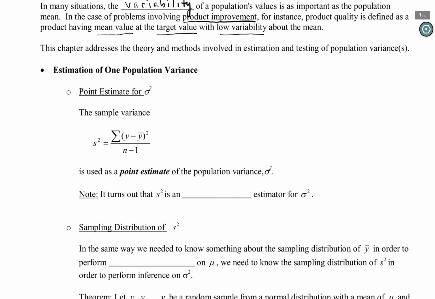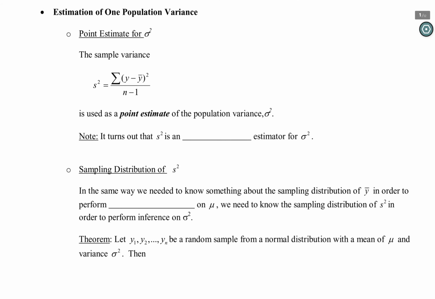The starting point for us here is dealing with one population variance. First we're going to look at a point estimate and an interval estimate for a population variance. If you recall, when we dealt with the binomial distribution and the normal distribution, we talked about it having a population variance.